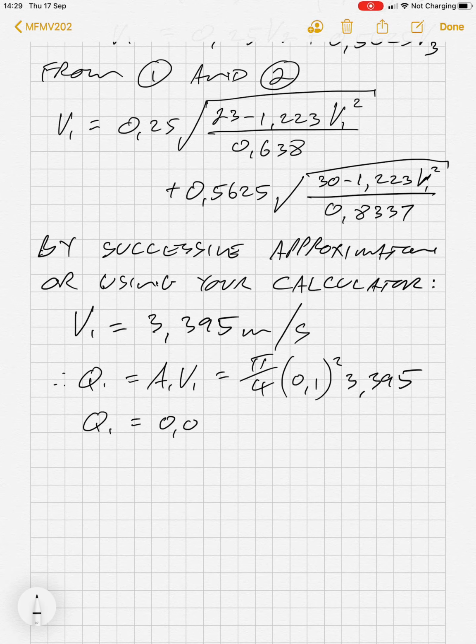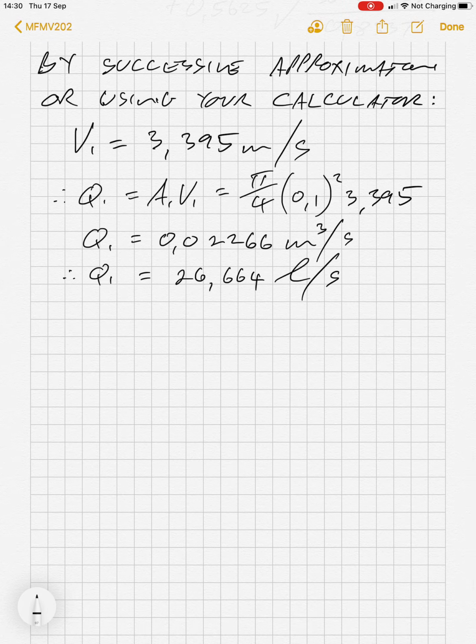That gives us a value for Q1 of 0.0226 cubic meters per second. But they've asked us to give the answer in liters per second. So Q1 is equal to 26.664 liters per second.